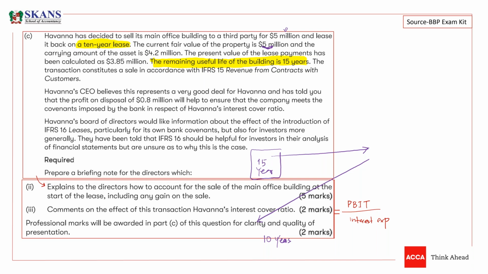Look, we can clearly witness that before this transaction, the asset was to give me a benefit for 15 years. But after this transaction, I will only get the benefit of 10 years. So we have sold some portion of this asset. 15 years was the total benefit. I have transferred 15 years, and then I again acquired 10 years.